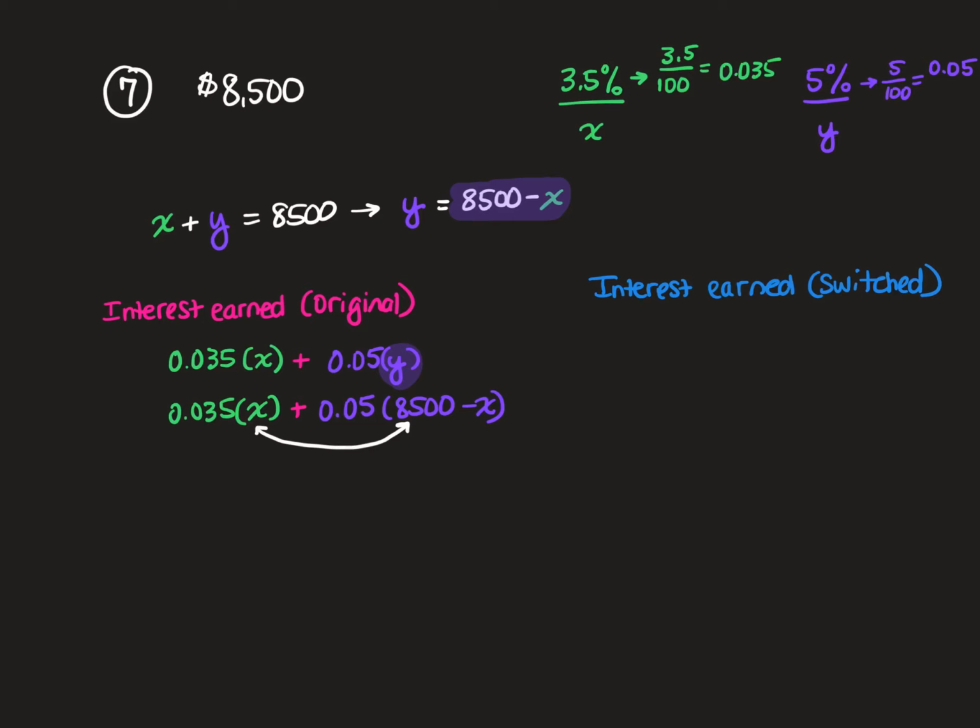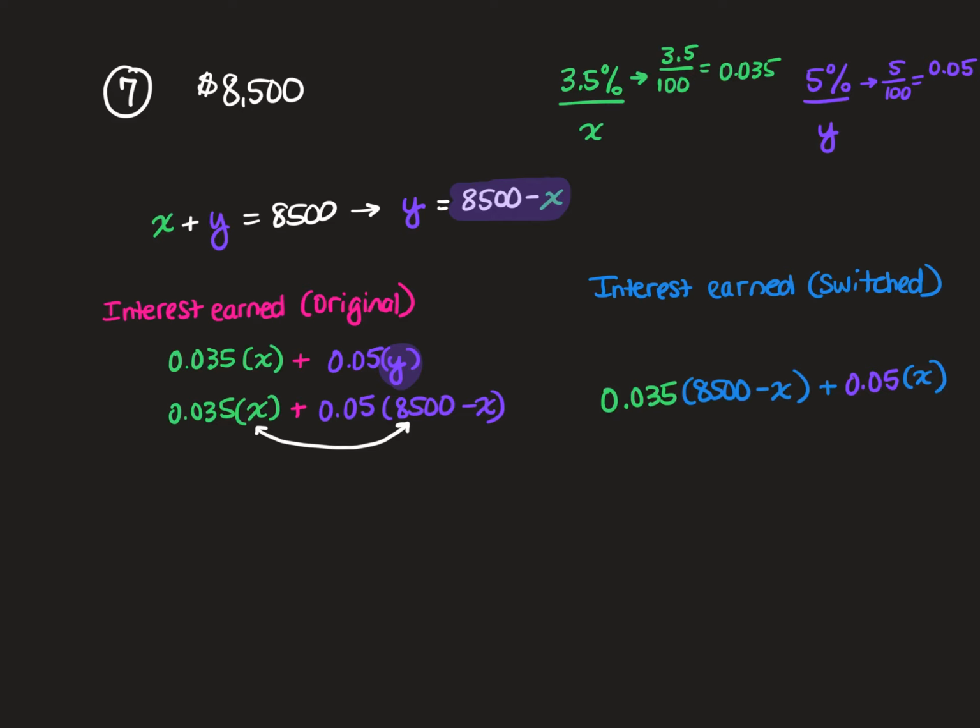So what we end up with is an expression that looks like this: 0.035 times 8,500 minus X now instead of X, plus my other interest rate of 0.05, but instead of writing 8,500 minus X, I'm just going to write X. Okay, so that's what it looks like when we switch it.